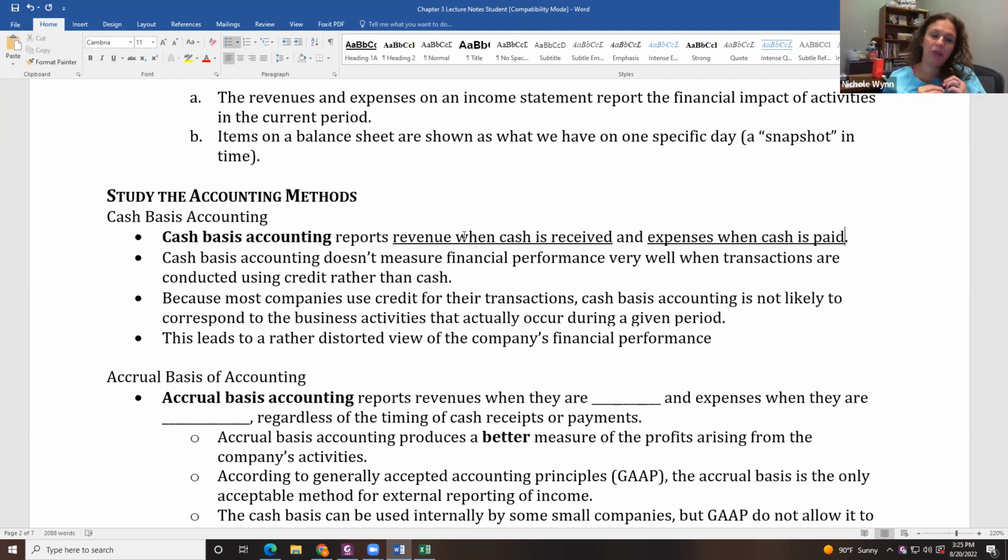Generally accepted accounting principles does not let you use the cash basis. And the reason why you can't use the cash basis is because the cash basis of accounting allows you to manipulate your own income statements and stuff. So if you use the cash basis, you decide when something is revenue, when you receive the money, and you decide when something is an expense, because you decide when you pay your bills.